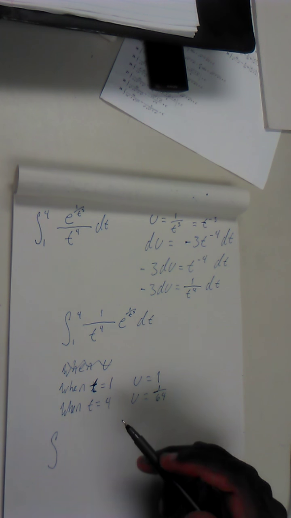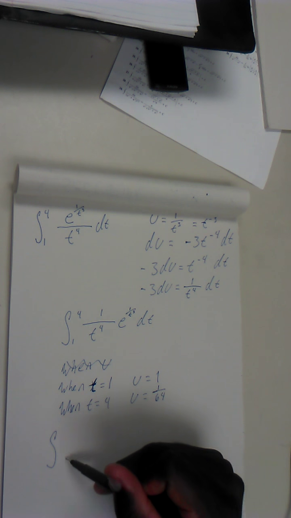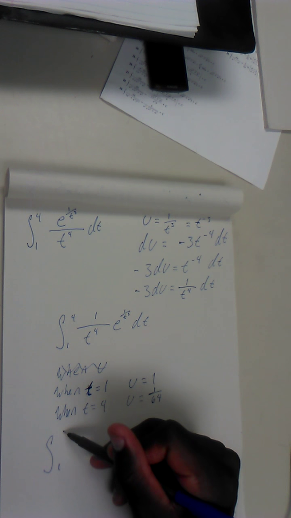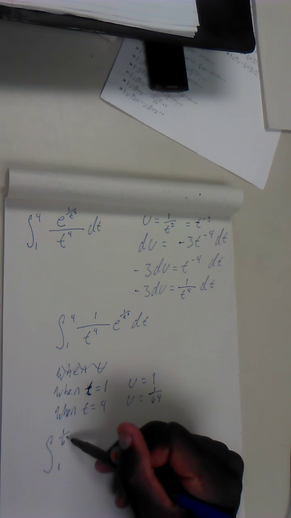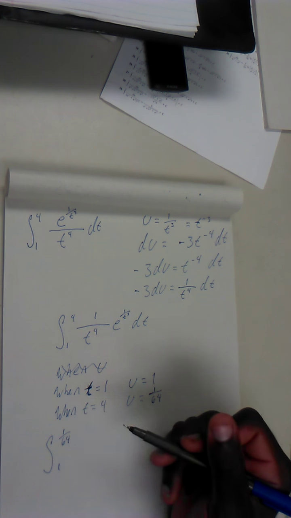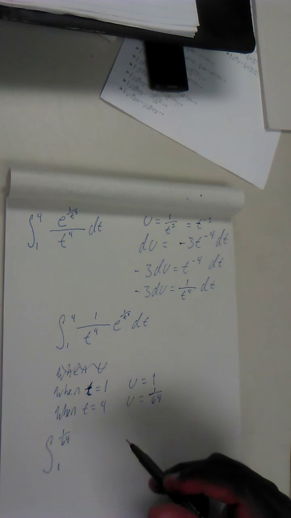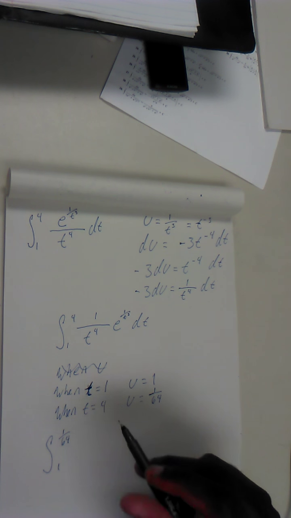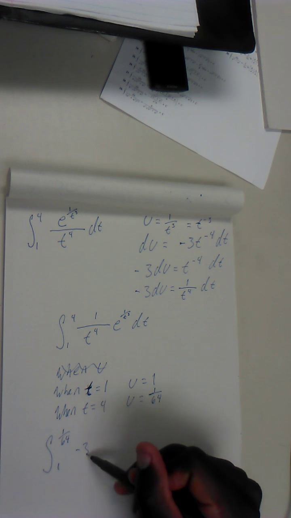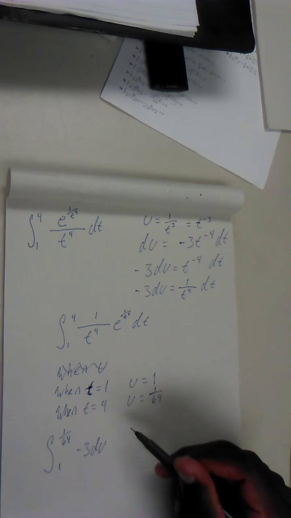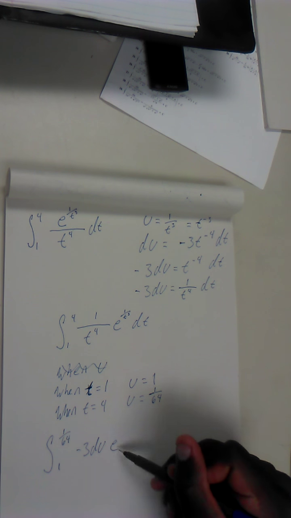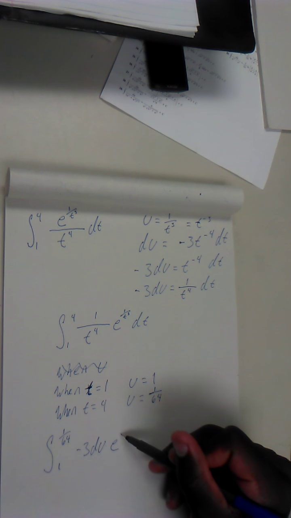So now what we're looking at is the limit going from 1 to 1 over 64. 1 over t to the 4th is accounted for by -3 du, and e to the 1 over t to the 3rd is accounted for by u.